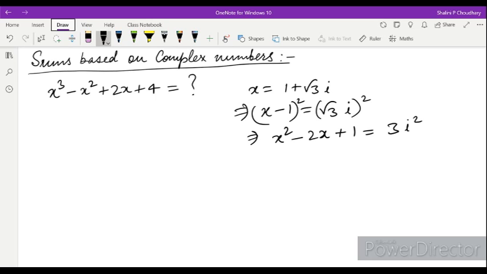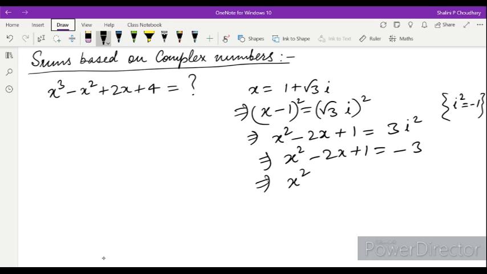I square is minus 1, so x square minus 2x plus 1 is equal to minus 3. It will be 1 minus 1 into 3, which is minus 3.